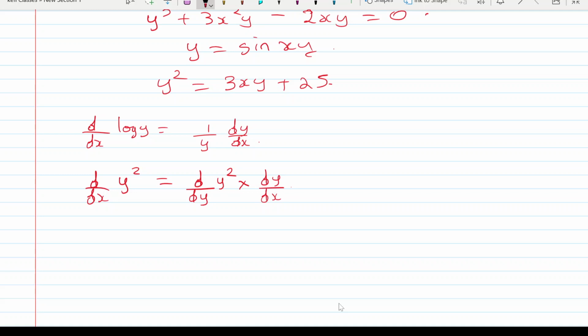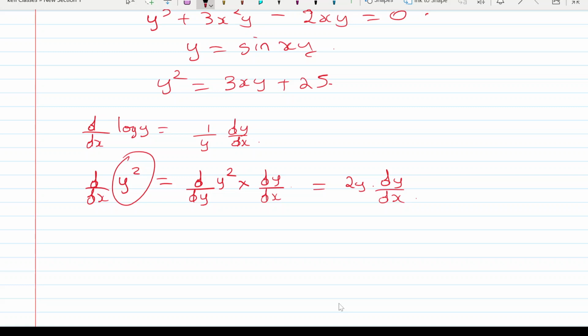Here y square is the outer function and y itself is the inside function, both together. So take the derivative of y square as if it was with respect to y only. If it was with respect to y, what would the derivative be? 2y, and then multiply it by dy by dx. That's what this method is.